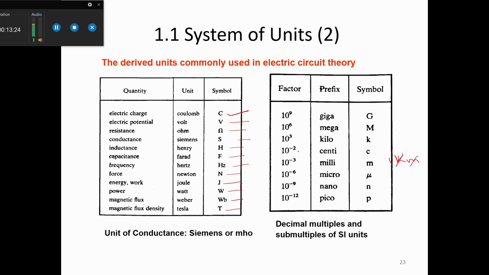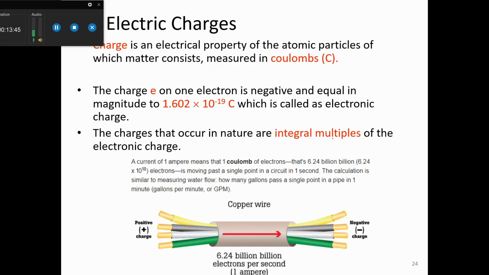So these are standard units that help us simplify the notation, because the values are too big. If you don't use these notations and SI units, then our calculation can be exhaustive, and we can make errors. So it is better that we properly use these notations.